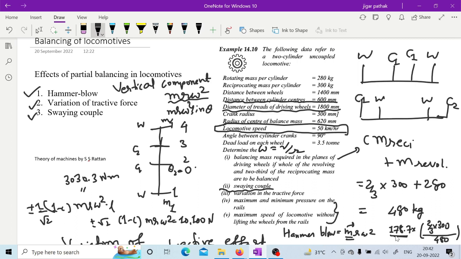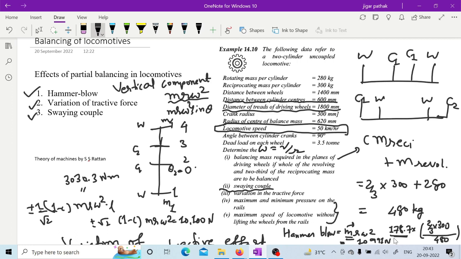Once you get that m, you can calculate the hammer blow. The radius of the center of balance mass is given as 620 mm, so the hammer blow will consider that radius 0.62 meter, this mass, and the omega you have already calculated. If you put in all these values, your hammer blow will come around 10,991 Newton.